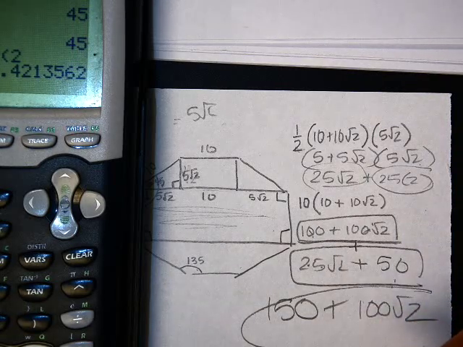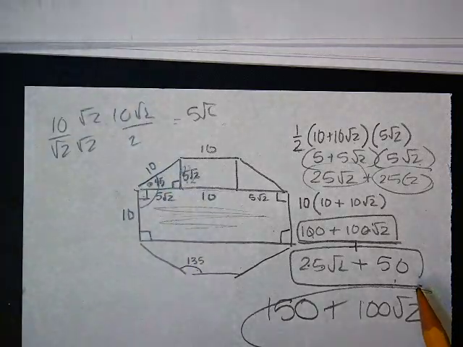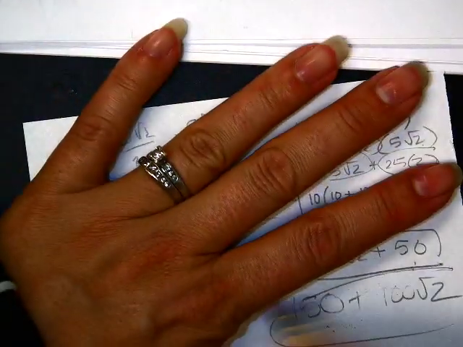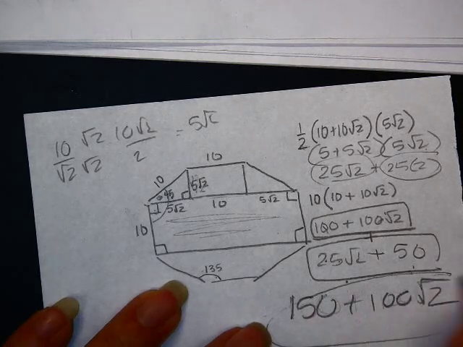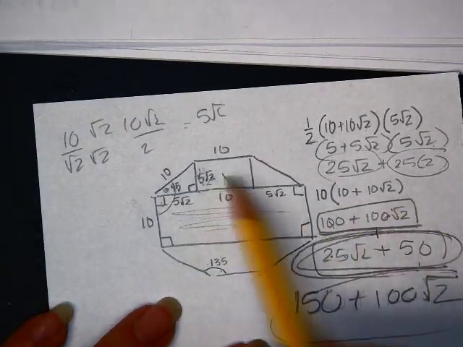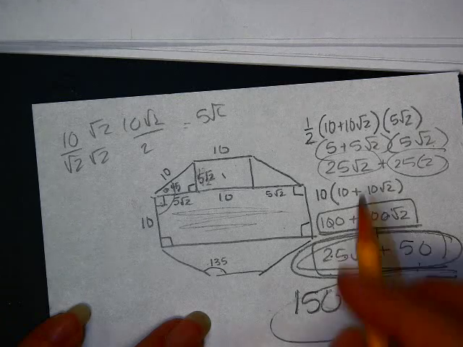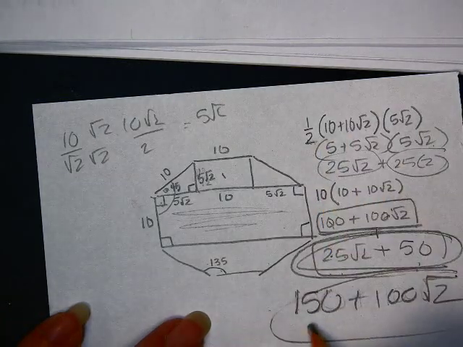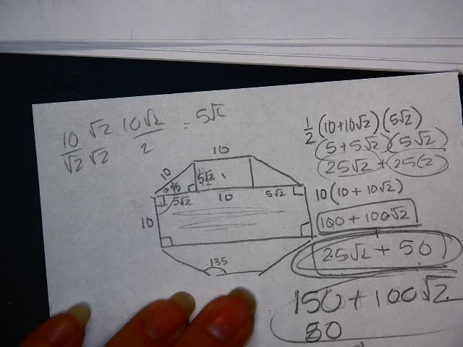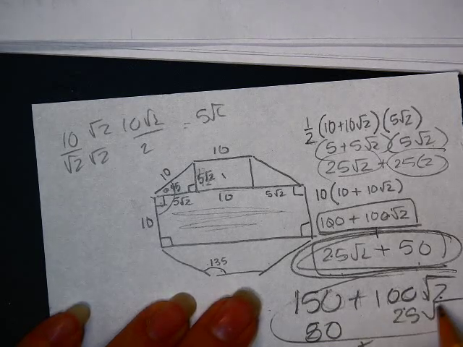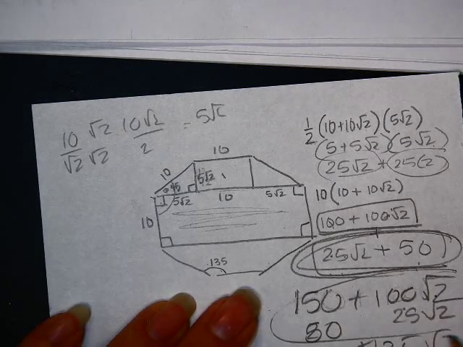And oh, I have another one. Shoot. Oh, I could just add it. I needed another one of these, right? That was the top one, but I also needed the bottom one. So I guess I didn't really need to divide by 2, huh? So we want to add another 50, which is going to be 200, and we're going to add another 25 root 2, which is going to be 125 root 2.